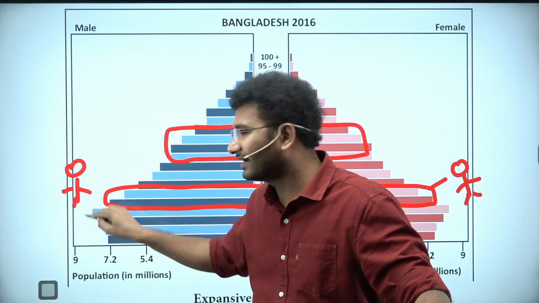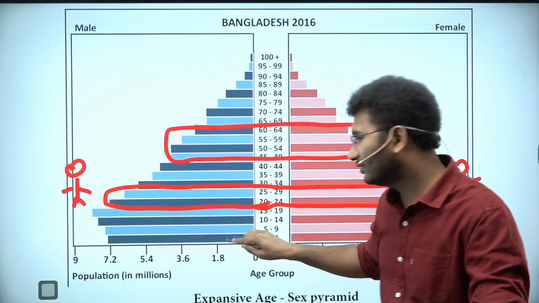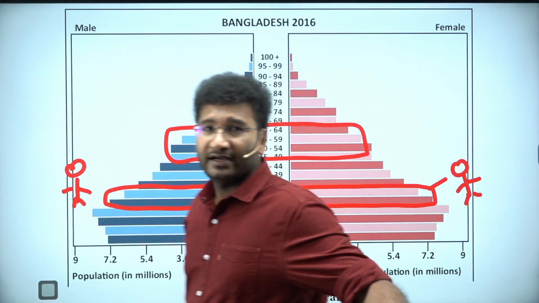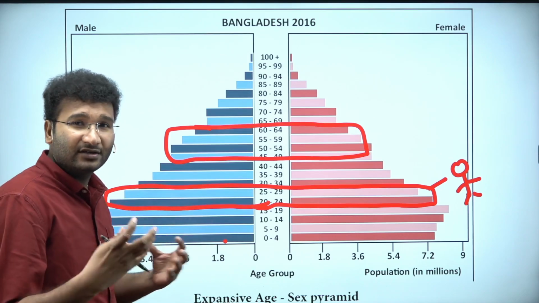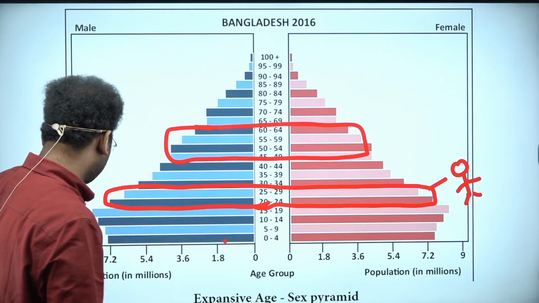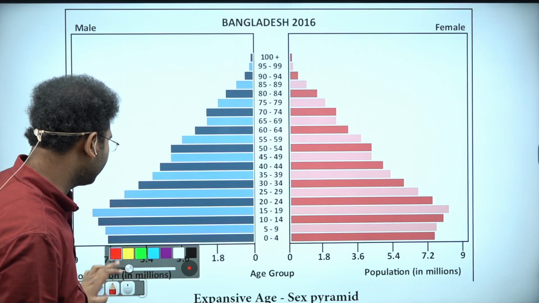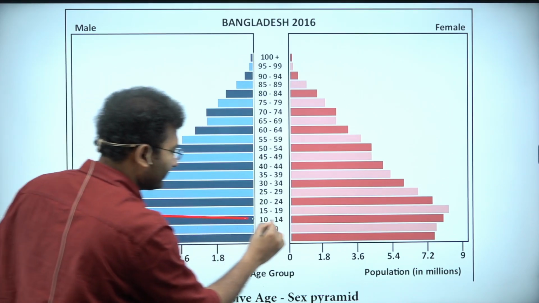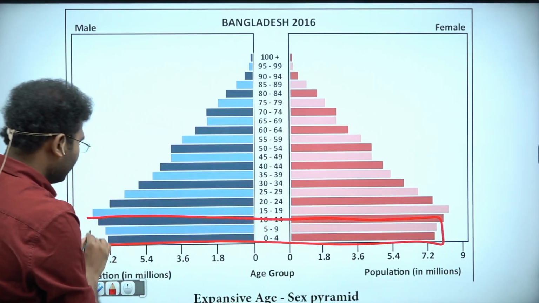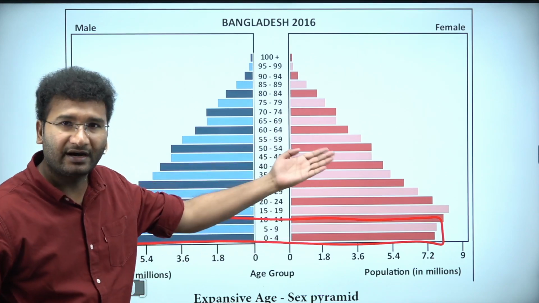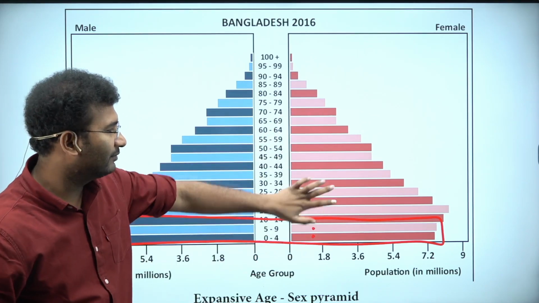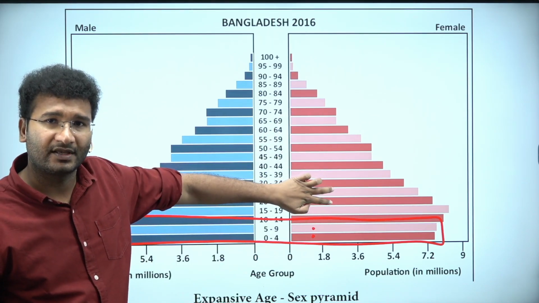New population is added to the kids. And after 15 or 20 years, this particular pyramid will shift up. All these people will be moving here, right?